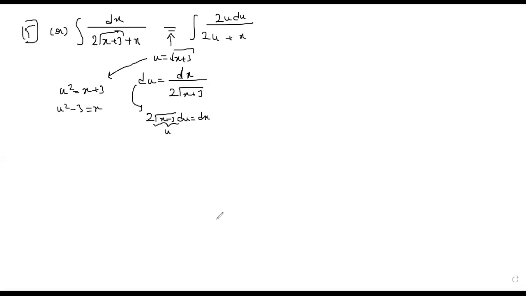So instead of x, we will write that. So what do we have? 2u plus u squared minus 3. For this, we will again decompose this one. So let's write it here.